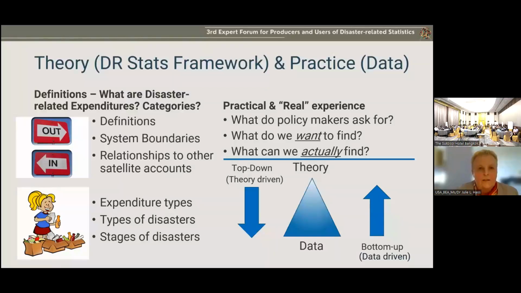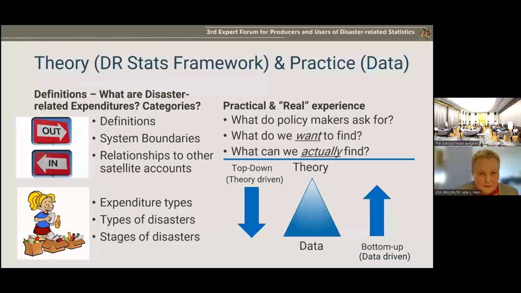How are we going to find it? How do we know when we found it that, yes, that is inside what we're going to count? And it's also good to know the relationships to other satellite accounts, because you want to know if you're going to talk about this whole set of information, what they are.